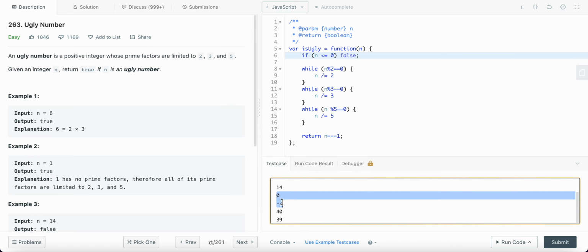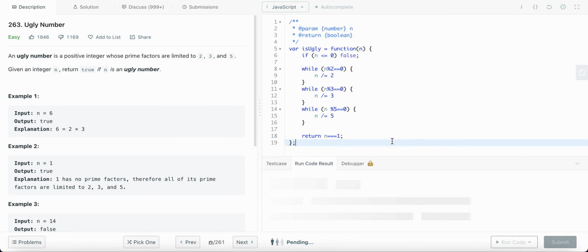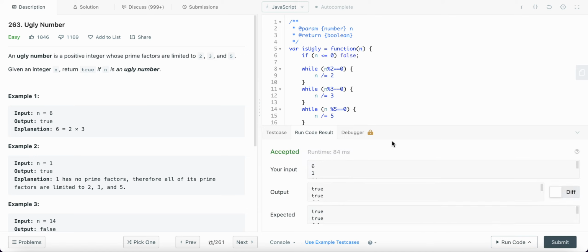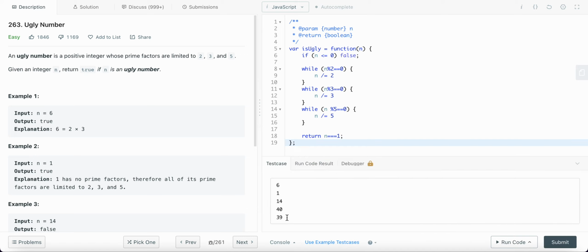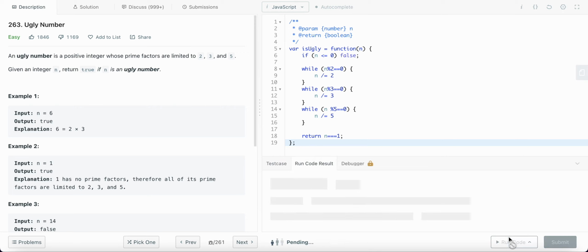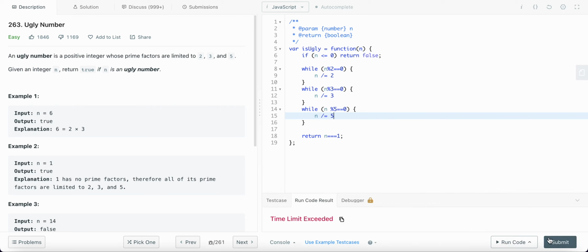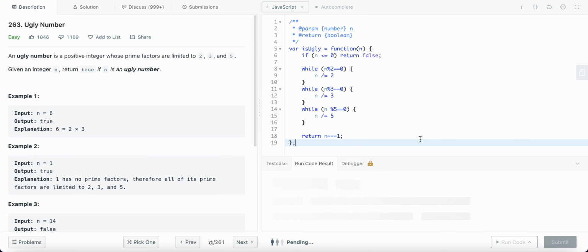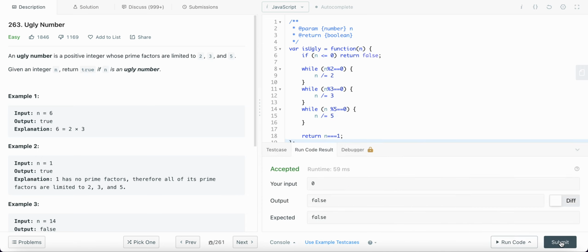So what's causing the problem? Okay, I need this thing here. Great, let's submit the solution.